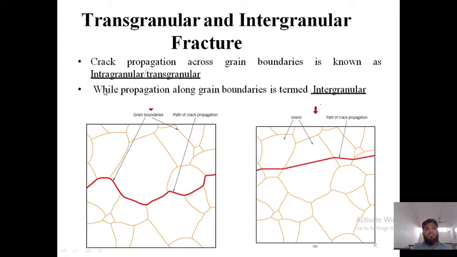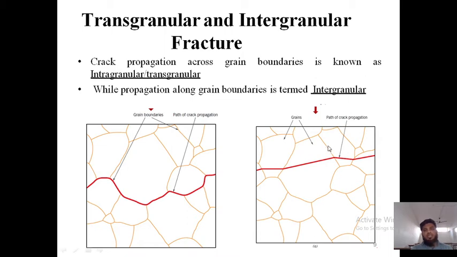If you see this in intergranular, the cracks will try to move along the grain boundaries. Because boundaries are easily breakable, the crack will try to propagate along the boundaries. So boundaries are the paths. Already they are having a path, they will pass through the paths. After passing through the paths, the material will break into two pieces.